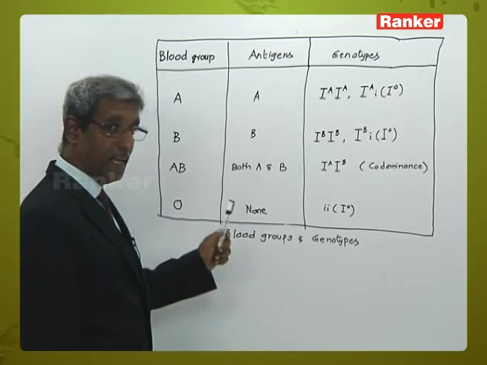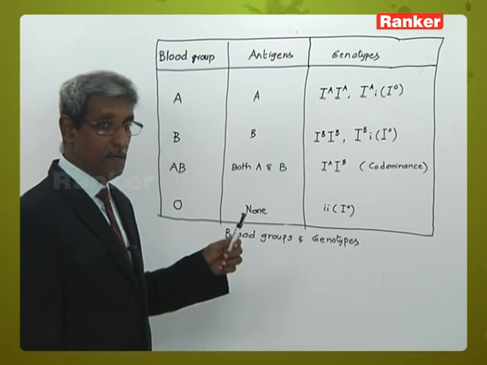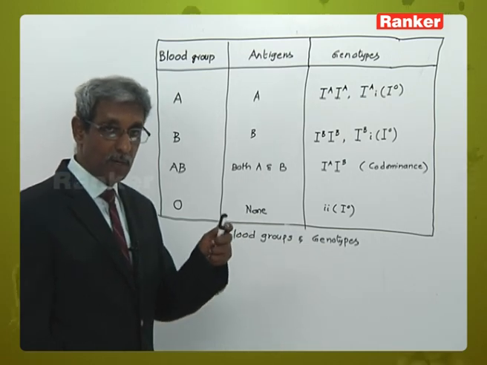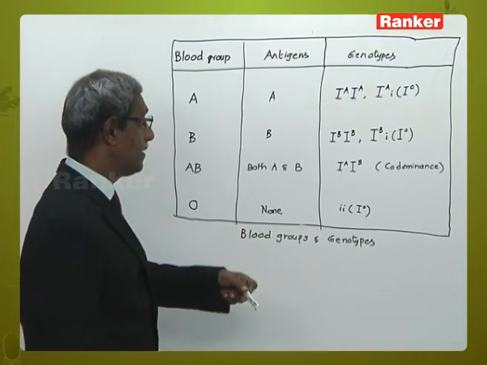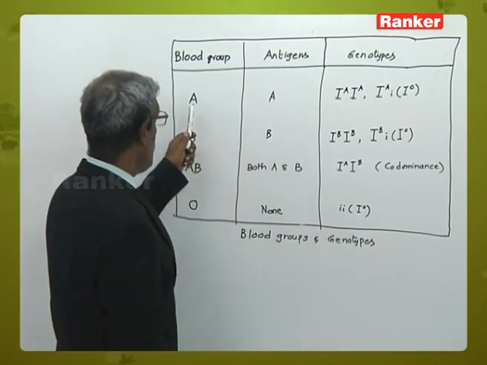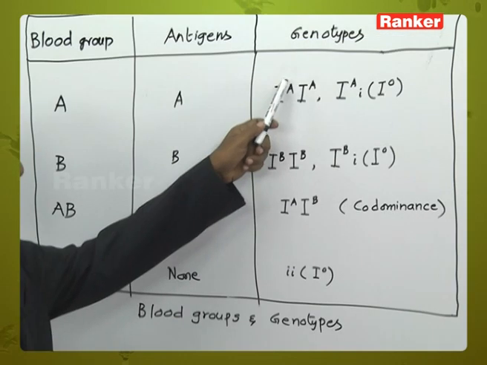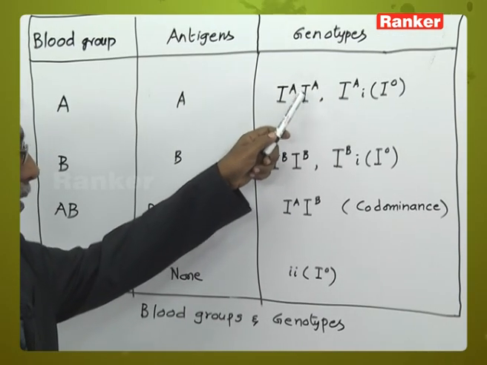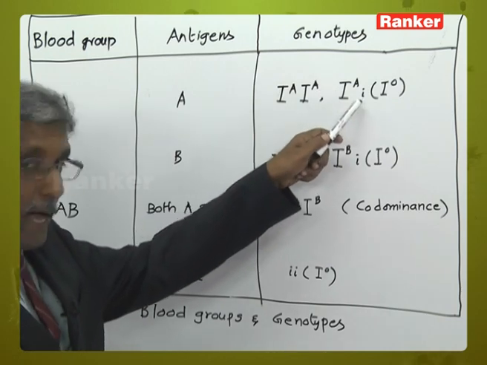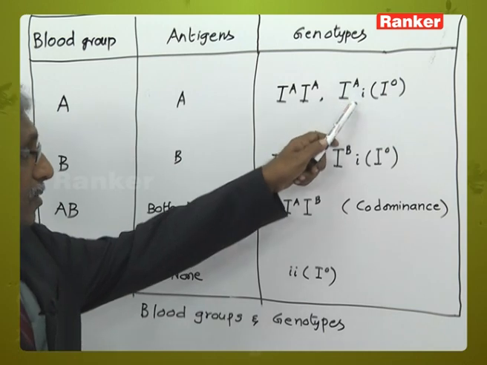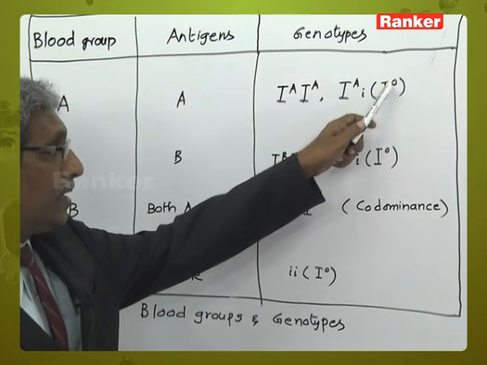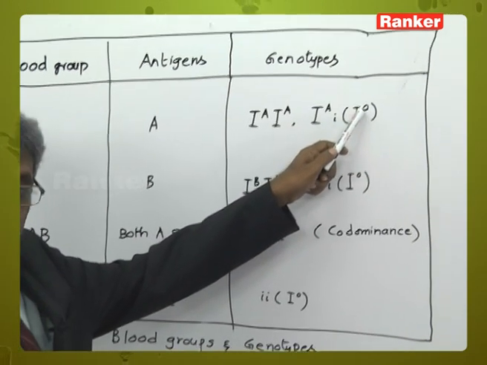The I gene can exist in different combinations, as seen by the crossing of a male gamete with a female gamete. So the genotypes you could derive for blood group A are IA IA and IA i. Small i indicates the O allele. Small i is also designated as I superscript O.